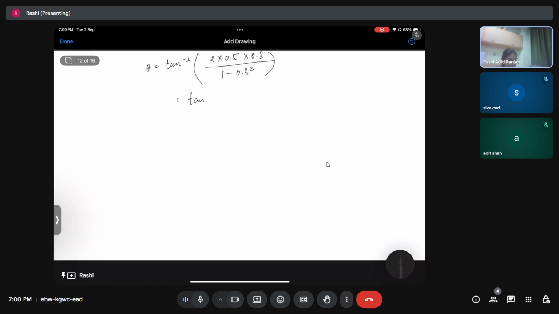This is going to be tan inverse of 0.3 divided by 0.91. So the value of theta is going to be 0.3185 radians.